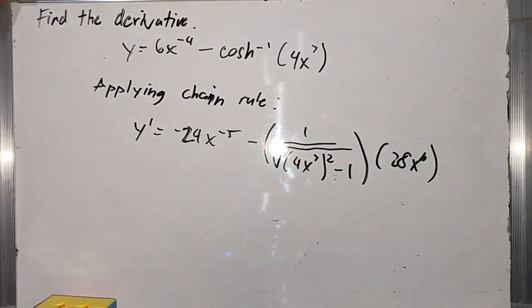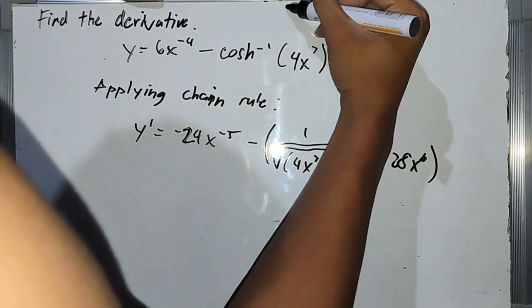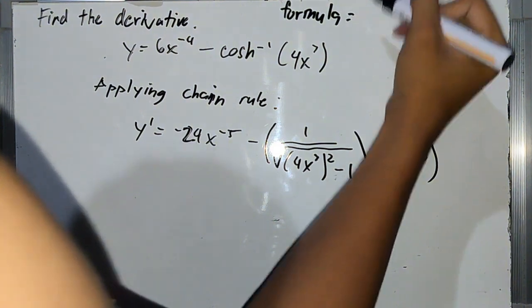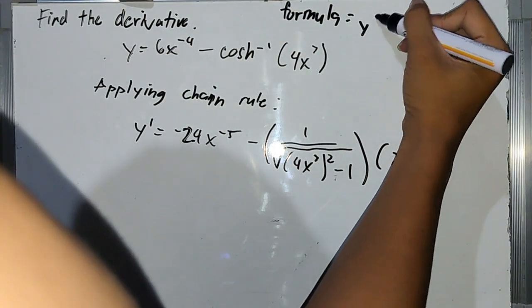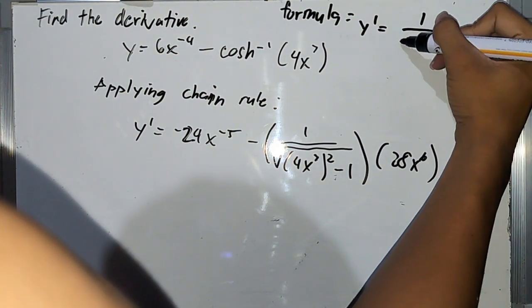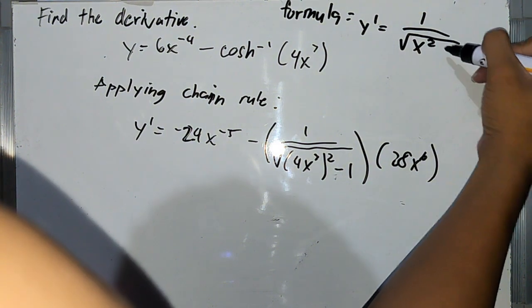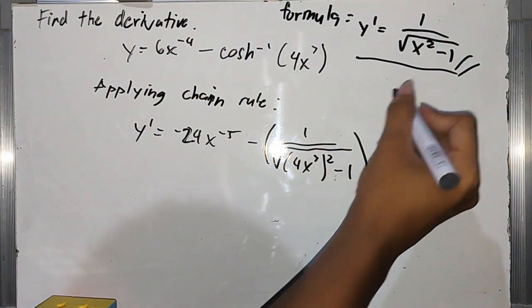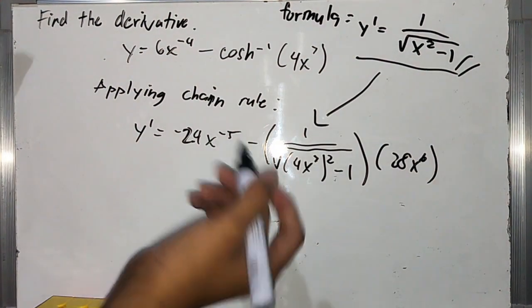So the formula is y prime equals 1 over square root of x squared minus 1. So we apply this.